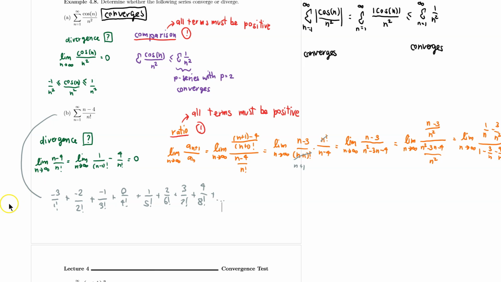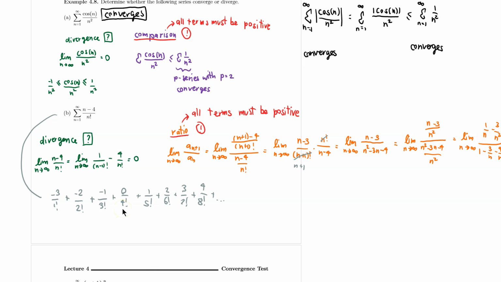Now then, it seems like I can almost use the ratio test. I mean, most of these terms are going to be positive, except that some of the first few terms that we have here. Only the first 3 terms are negative, and this guy is just 0.